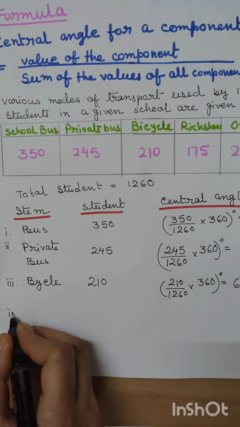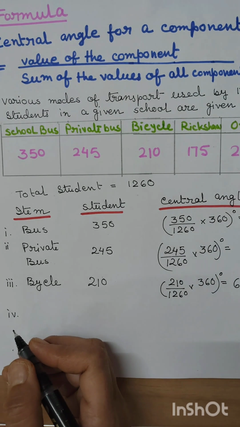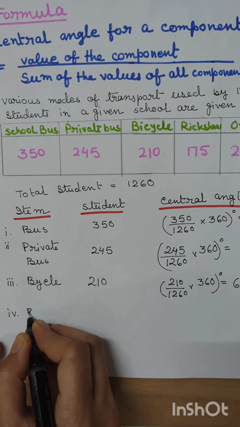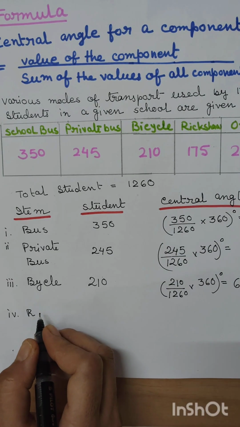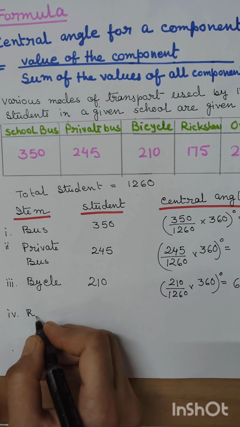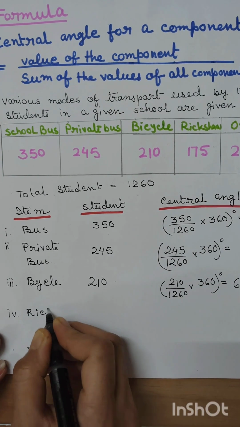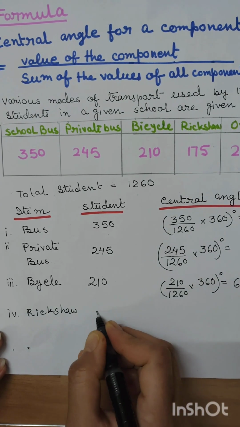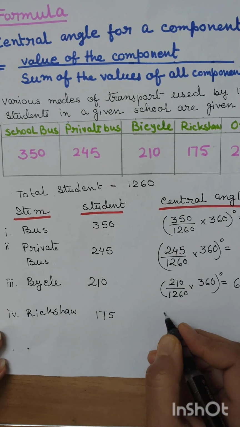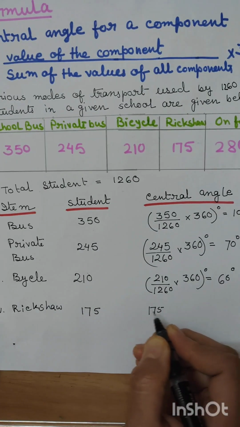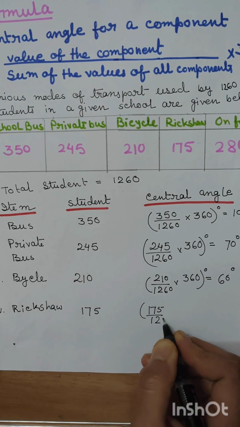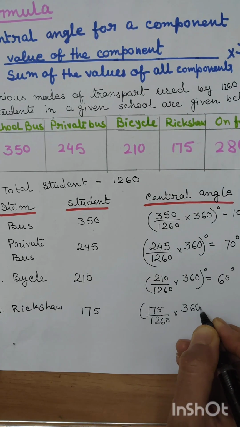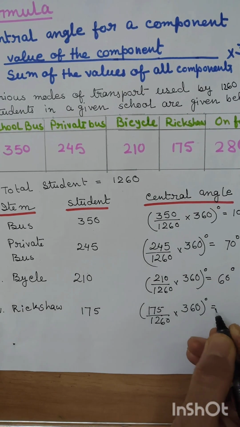Fourth one is rickshaw. Rickshaw is 175. Convert into angle: 175 by 1260 into 360 degrees. It is 50 degrees.